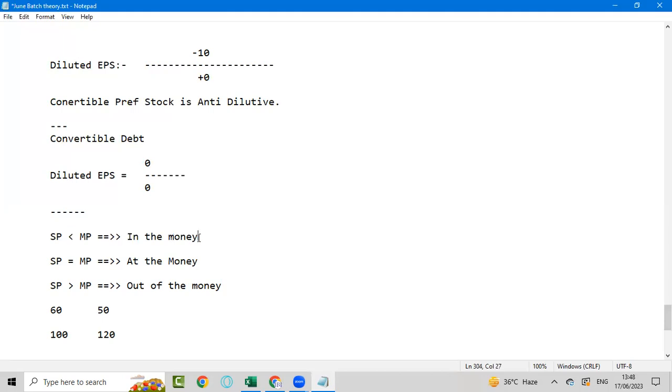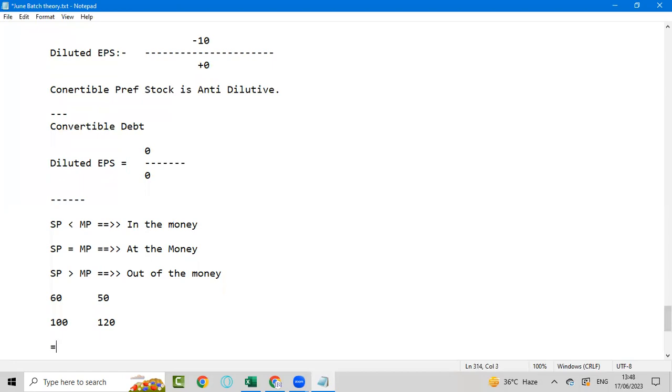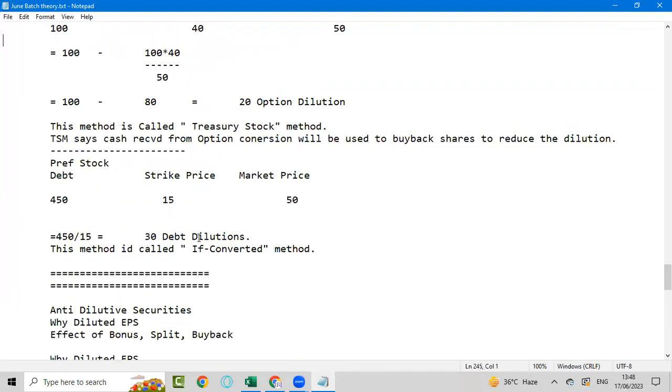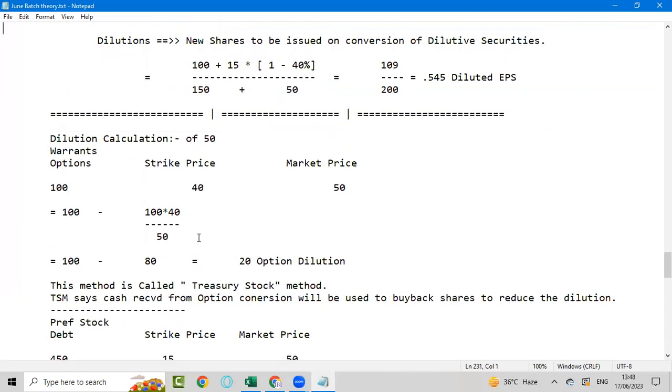Clear? The final effect discussion that we have to do for EPS is the effect of bonus, split and buyback. So buyback is very simple. Take a second.